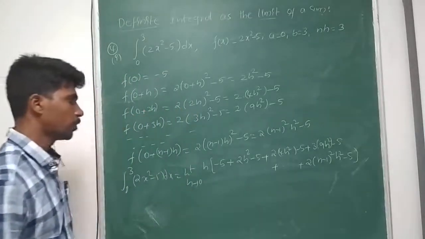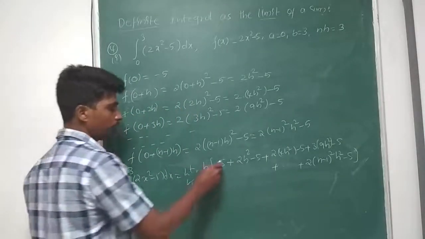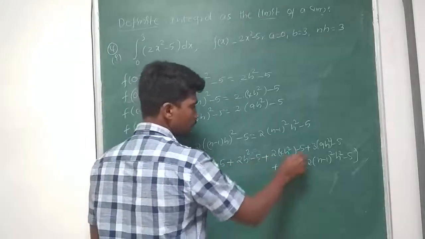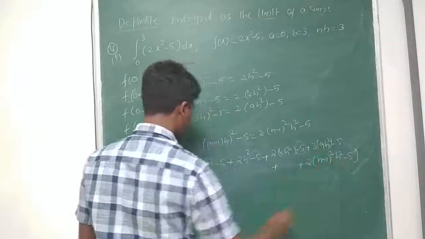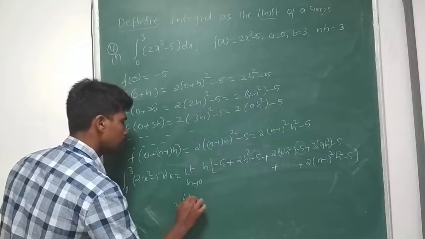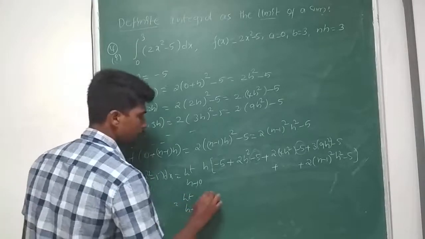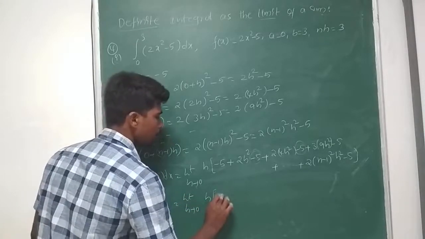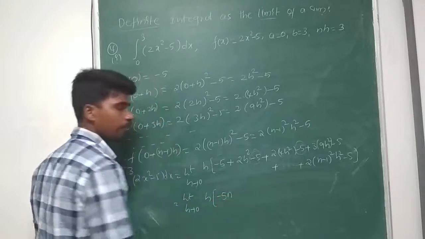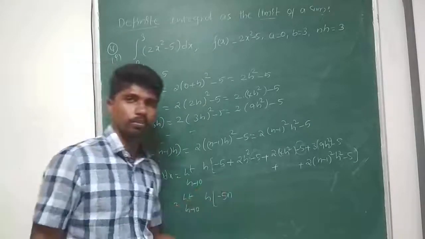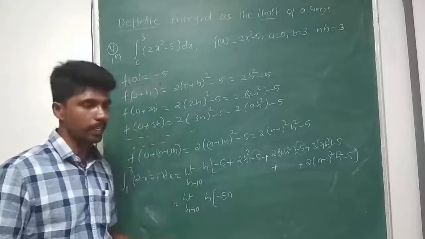So this is what we got. In all of this I have minus 5 n times, so I write it as limit h tending to 0, h into minus 5n, because minus 5 we have n times, so we can multiply minus 5 by n.